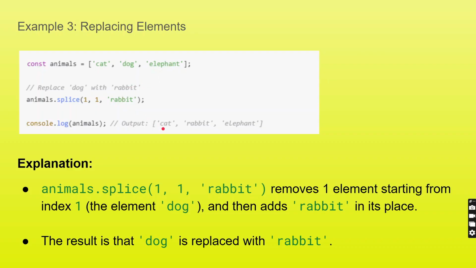Now the new output is cat, rabbit, elephant. animals.splice(1, 1, 'rabbit') removes one element starting from index 1, which is the element dog, and then adds rabbit in its place. The result is that dog is replaced with rabbit.